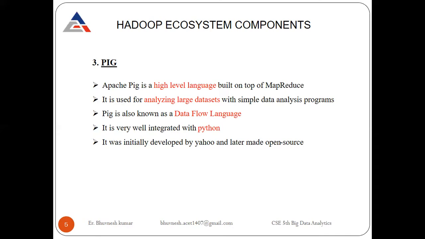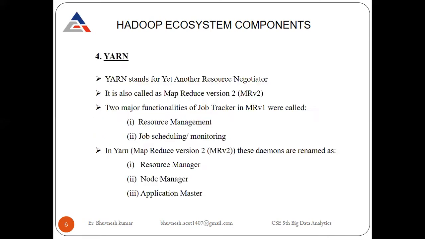The Pig tool is used for processing your data as a Pig script, which is compiled by your Pig Latin compiler. After that, the output that is produced is executed by your MapReduce. Further, the output produced by MapReduce is your actual output, that is valuable data.